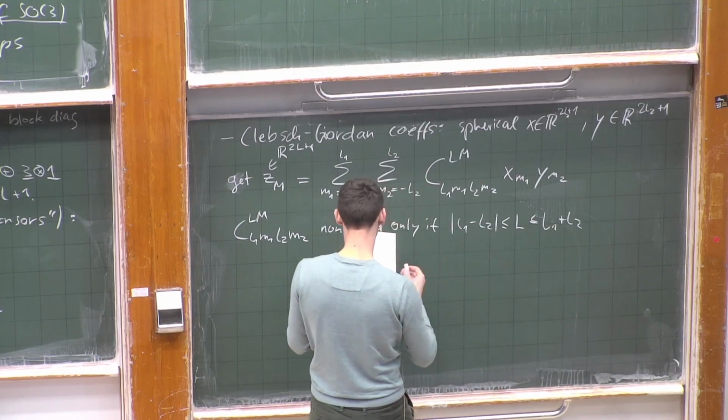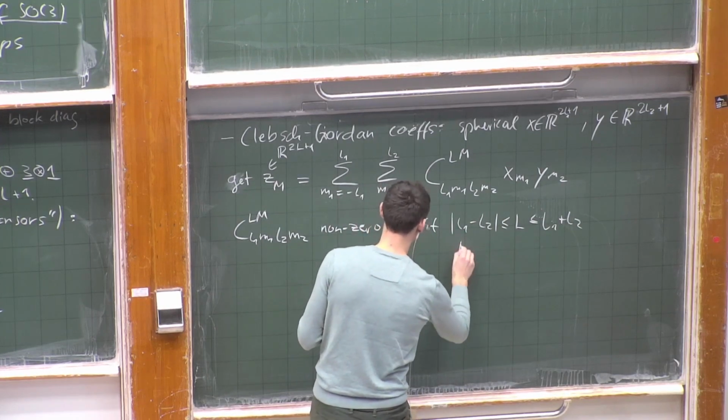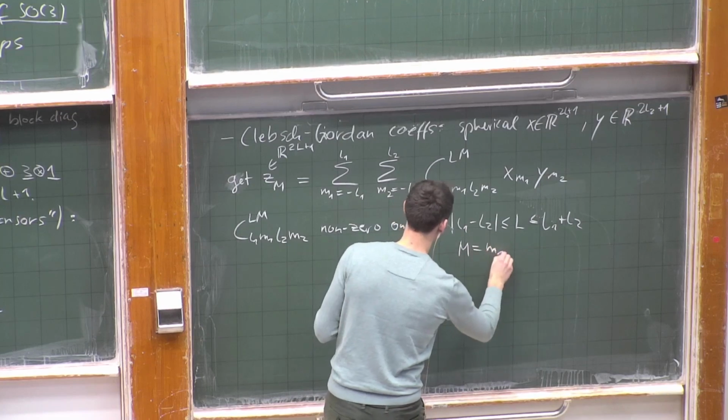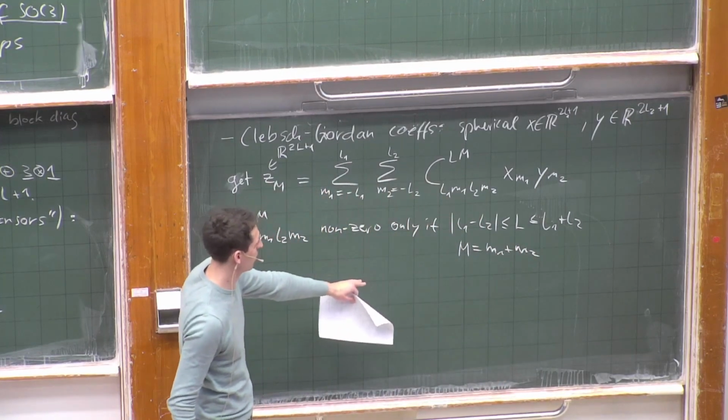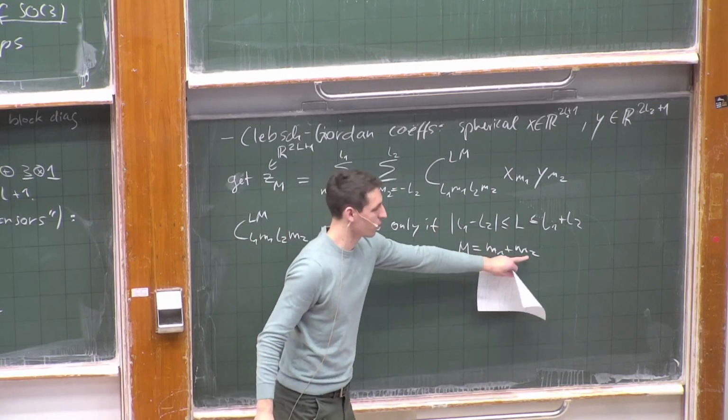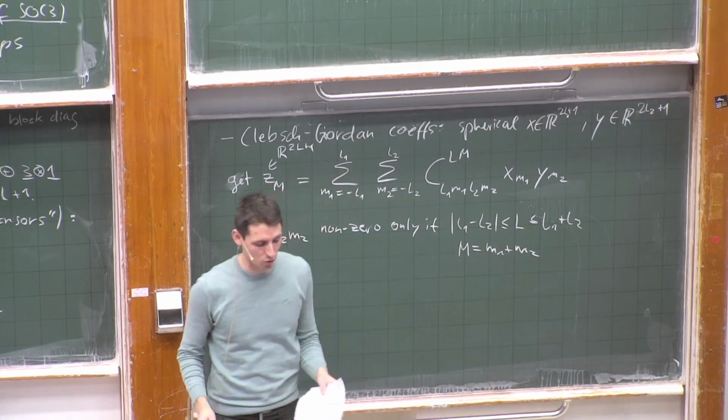And the second condition, which needs to be fulfilled, is that the capital M is the sum of these component labels M1 and M2.